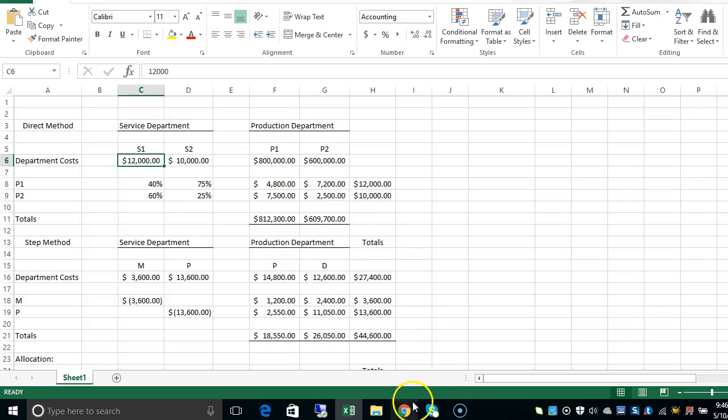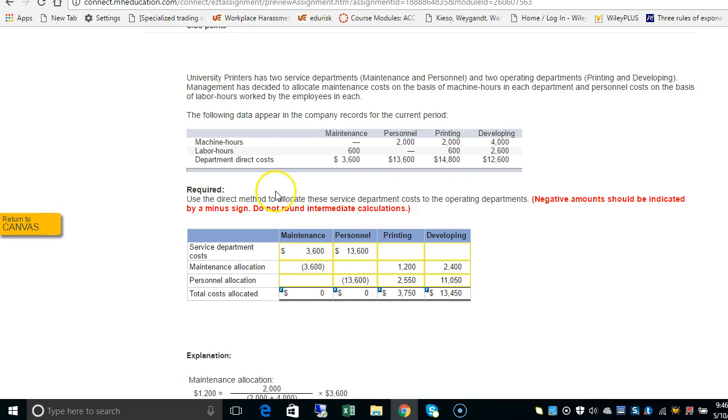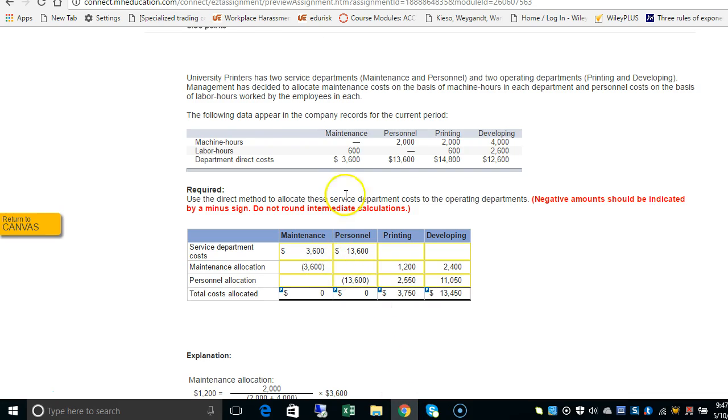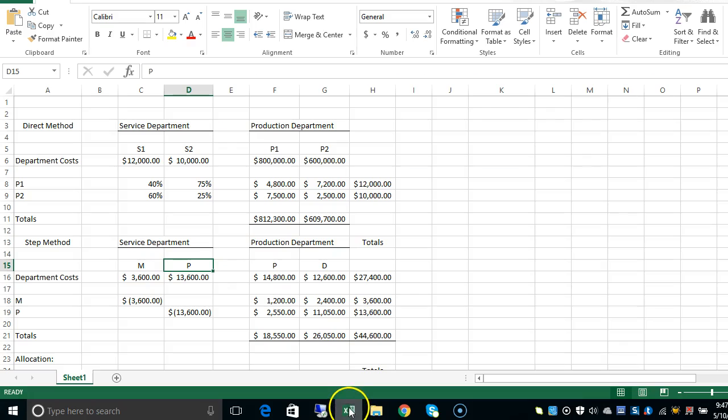So if we look at our problem that is in the homework, United Versity Printer, this has two service departments, maintenance and personnel, which I've set up here. Maintenance and personnel, I call it M&P, and two operating departments, printing and developing, which I call P&D.